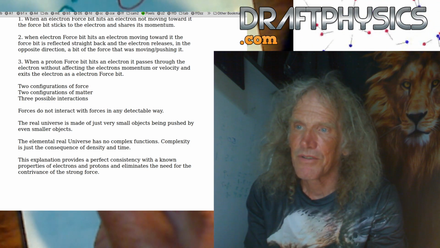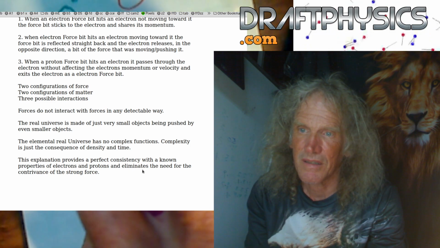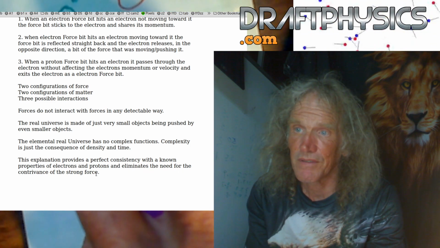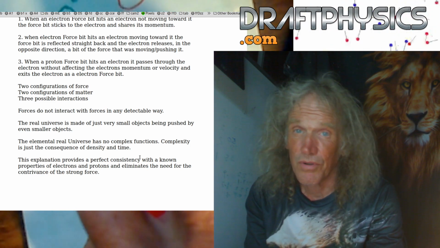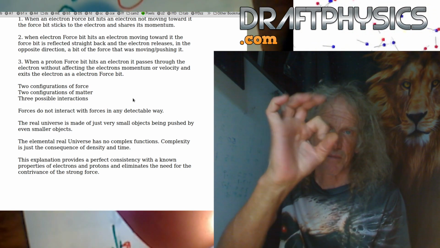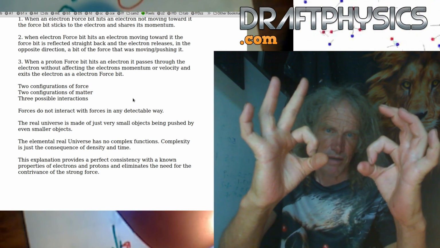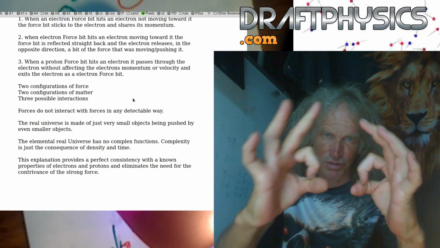Alright, this explanation provides a perfect consistency with the known properties of electrons and protons and eliminates any need for the contrivance of the strong force. So I didn't really go into that in the video, but you could surmise, if you were a little bit clever, that you just need to put a proton here and a proton here. Now, yes, they hate each other. It would take very much energy to push them together.